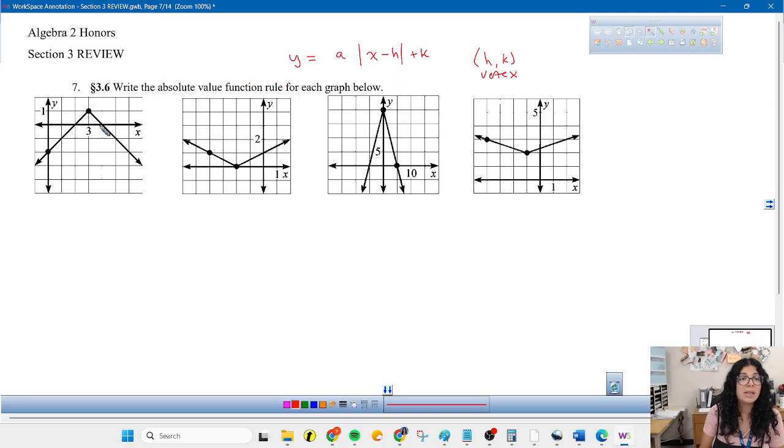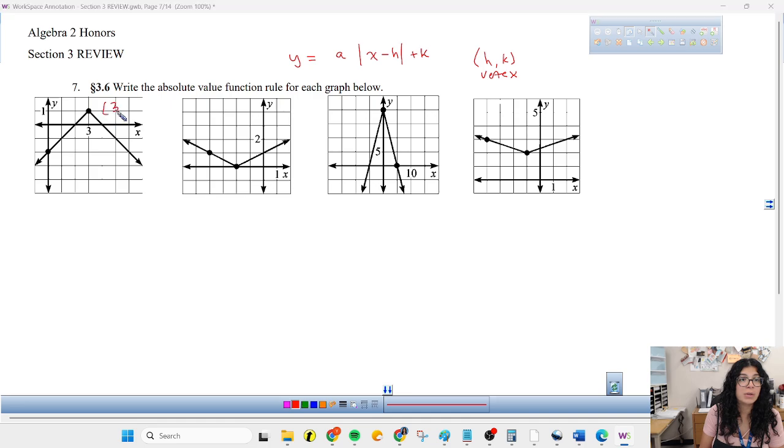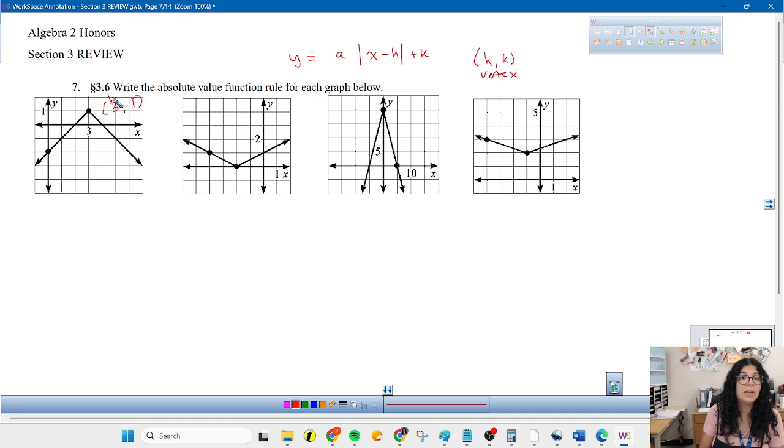In this case, for example, our vertex is 3, 1. So our h, k is 3, 1. But since the equation is x minus h, we're going to have the equation looking like x minus 3 rather than x plus 3. And then the value of k is 1.